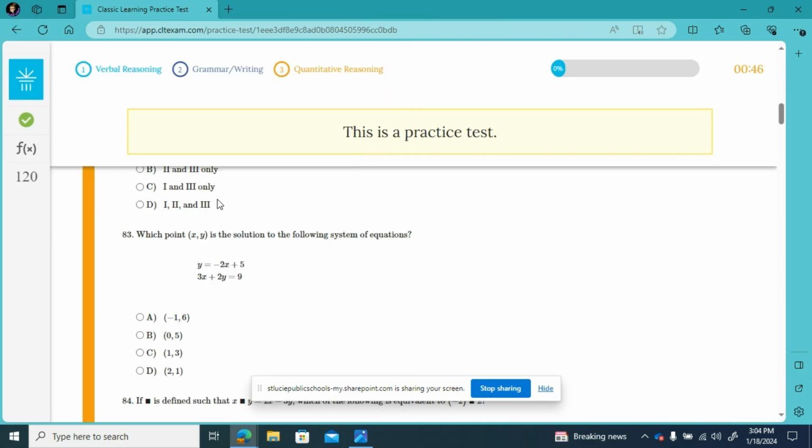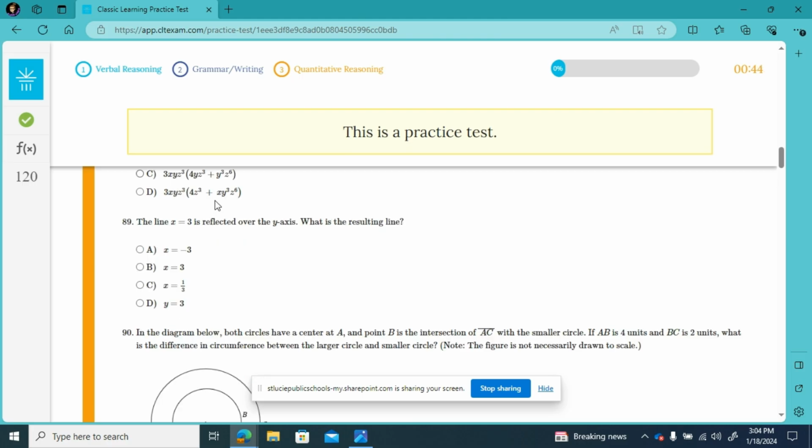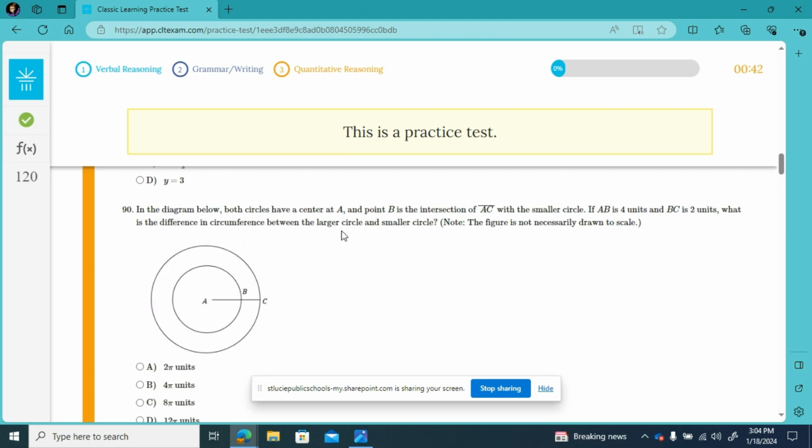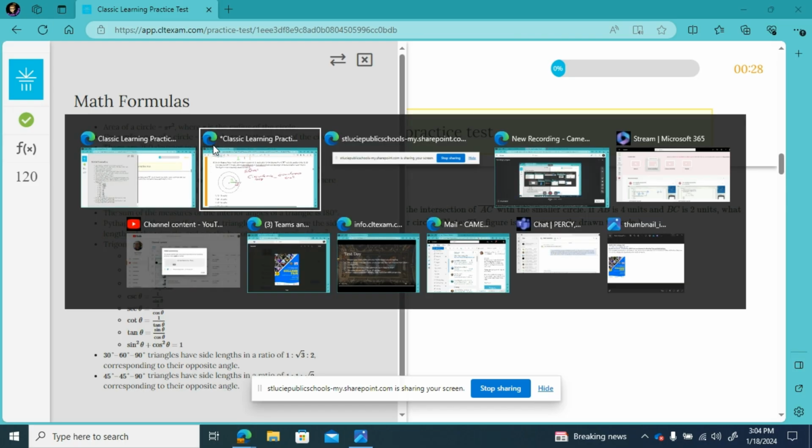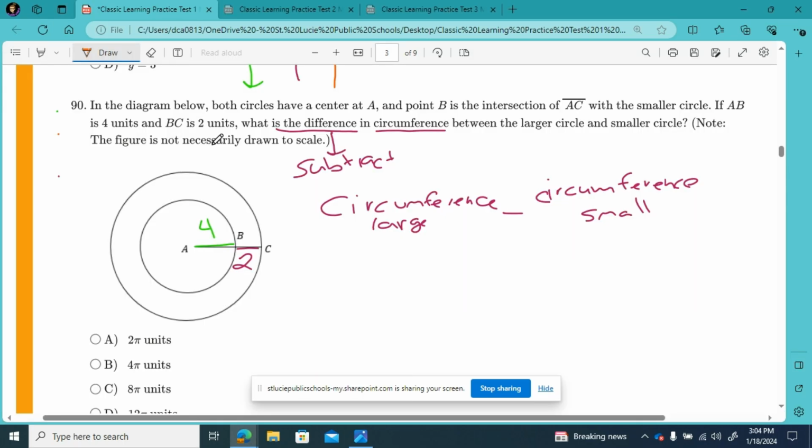While you're taking your test and you come across this question, you see circumference, you click on your formula button, and it's right here. The circumference of a circle is 2 pi r, where r is the radius of the circle. So I'm going to write my formula underneath each one. 2 pi r minus 2 pi r.